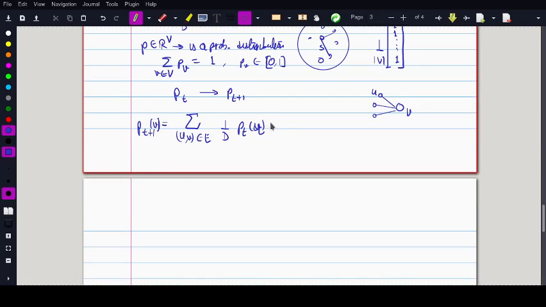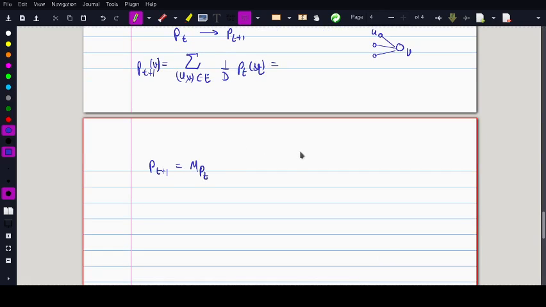This can in fact be written as M times p_t. So p_{t+1} is equal to M times p_t. Why is that?